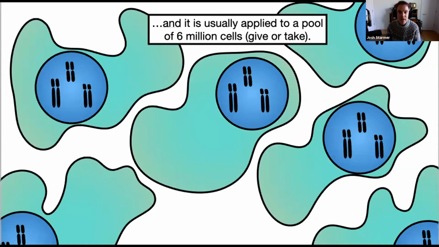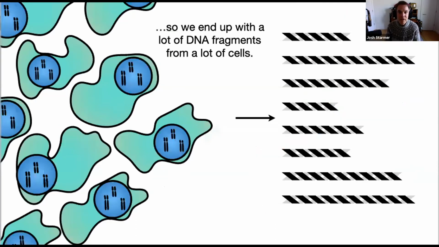And usually it is applied to a pool of about 6 million cells, give or take a few. So in the end, we end up with a lot of DNA fragments from a lot of cells.